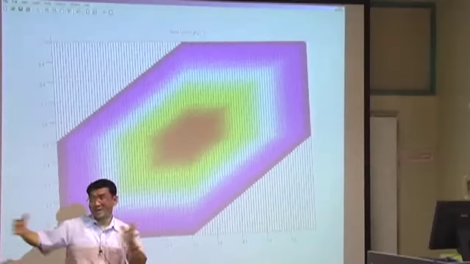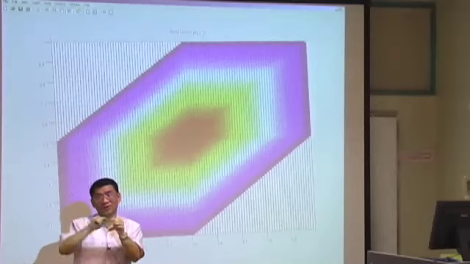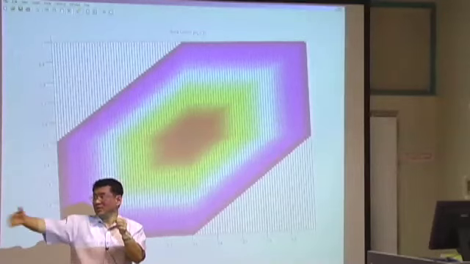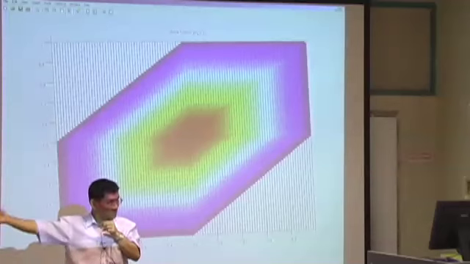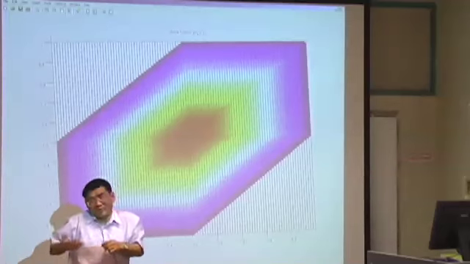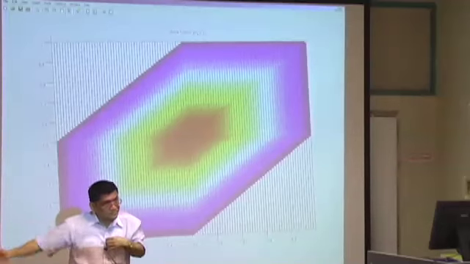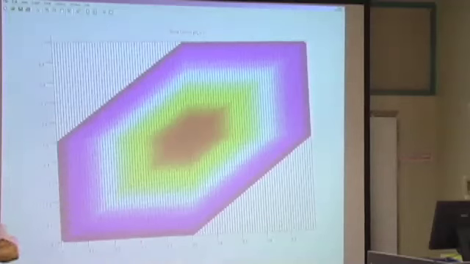It could be varying size. Some triangle may have like 12 linked nodes, and some triangle may have only 4 linked nodes. Any questions up to this point?